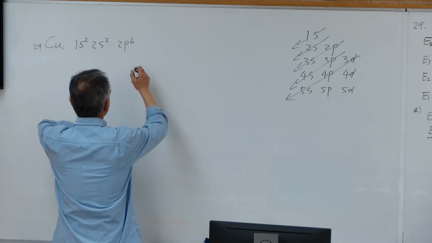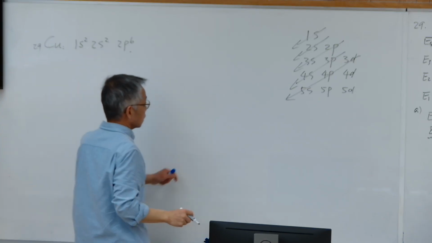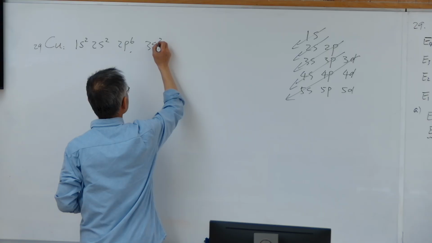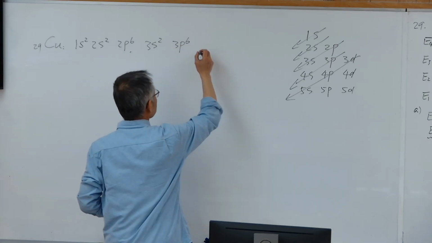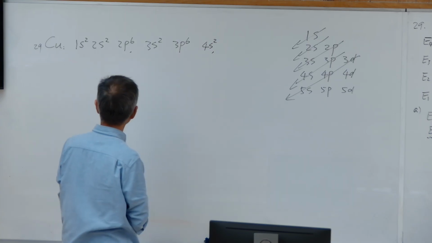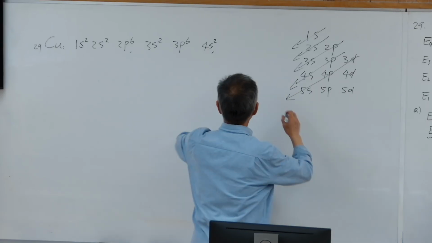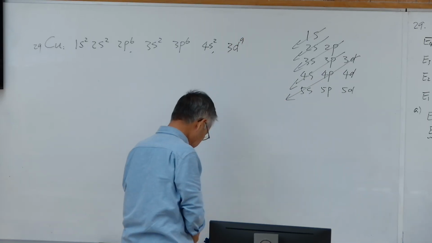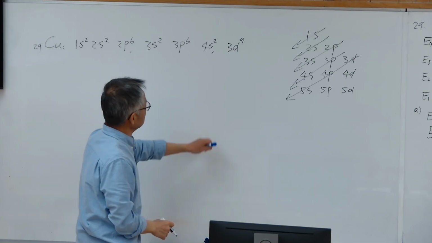Then 3s, then 3p, 6, then 4s2. Up to here, we have 20 electrons filled. After 4s should be 3d, so only 9 left. D can fit a maximum of 10, but only 9 left, so 3d9.